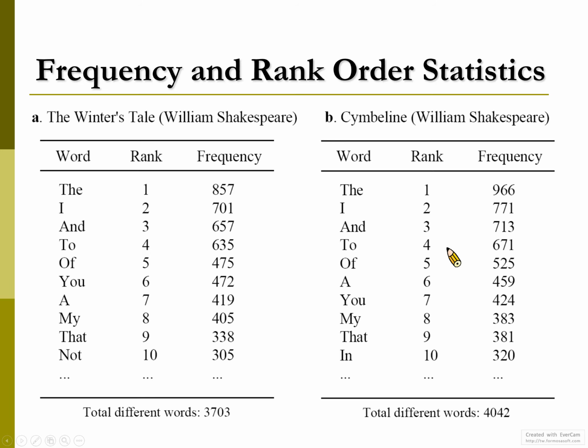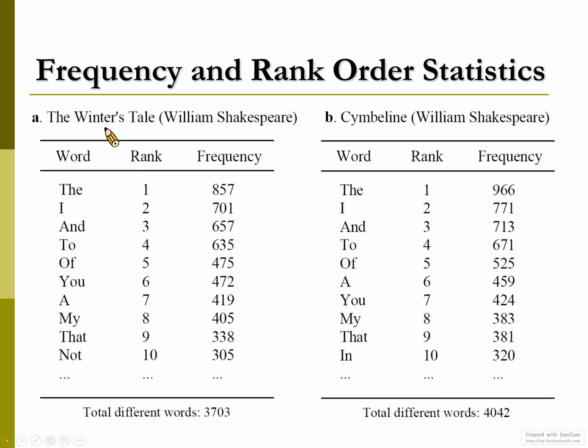Likewise, you can do the same statistics on another play. In the play Cymbeline, we also find that the most frequent word is "the", the second is "I", the next is "and", and the next is "to". If you analyze these frequency and rank order statistics, you'll find that they are quite similar between the two different plays.